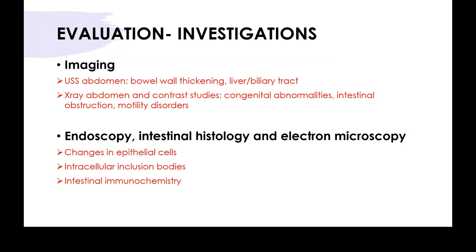And further invasive investigations: endoscopy, intestinal histology, and electron microscopy. Again, these studies can give some information about the underlying diagnosis. If the facilities are limited and not freely available, then based on the facilities available, these are the advanced tests you have to do.